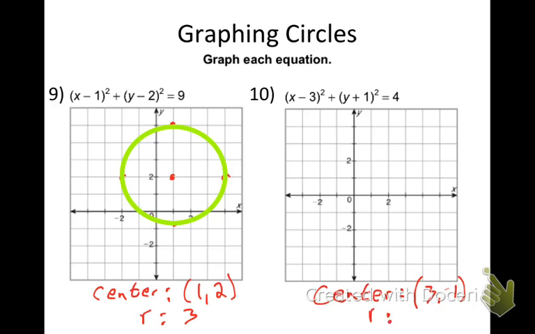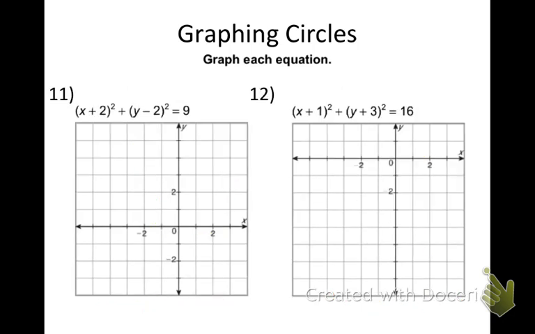What would my radius be, Tom? 2. So I go to (3, -1), radius of 2, so up 2, right 2, down 2, left 2. And then I take my circle. There it is. Awesome. Circle.